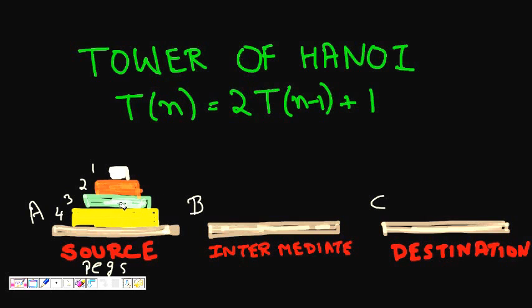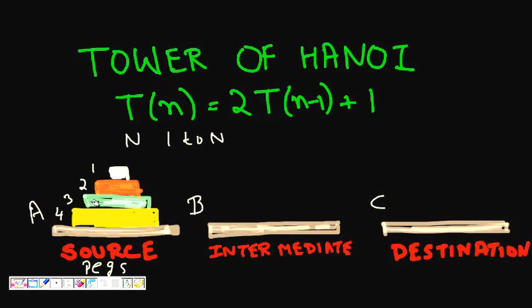So what we observe is that there are n disks, numbered from 1 to n, and the property is that disk 1 is the smallest, disk 2 is larger than disk 1, disk 3 is larger than disk 2, and disk 4 is the largest, okay.